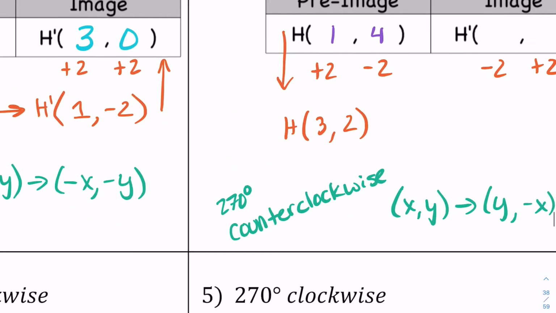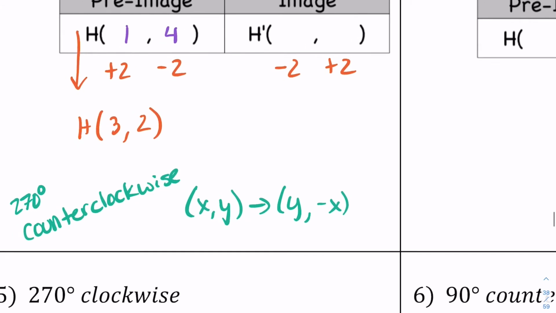So when we go here, H prime is 2, comma negative 3. And now when I go to bring it back to where it needs to be, the rule is going to make me slide it back. So I'm going to have to take 2 away, making this 0.